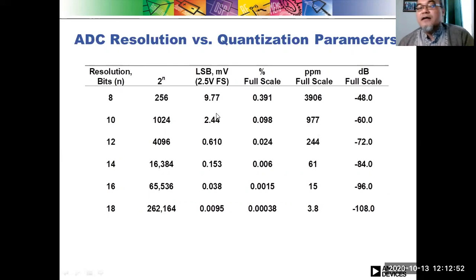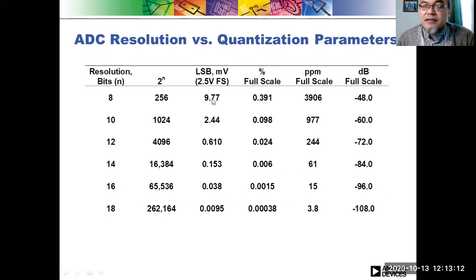If the full scale reference voltage is 2.5 volt, not 10 volt, it means 2.5 volt divided by 256. So the difference between two steps is 9.77 millivolt.